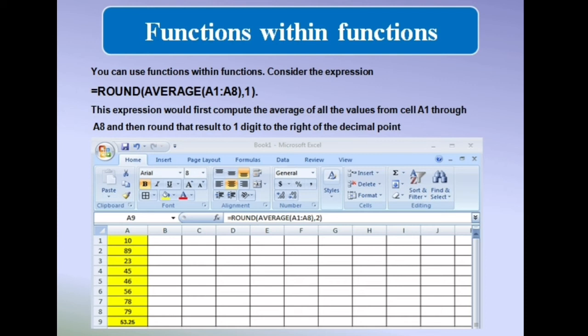Whenever we use this expression, it first computes the average of all the values from cell A1 through A8 and then rounds the result to one digit to the right of the decimal point. So this is a very important technique whenever you want to use two functions in the same expression.